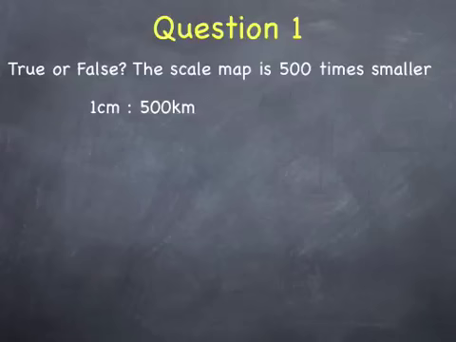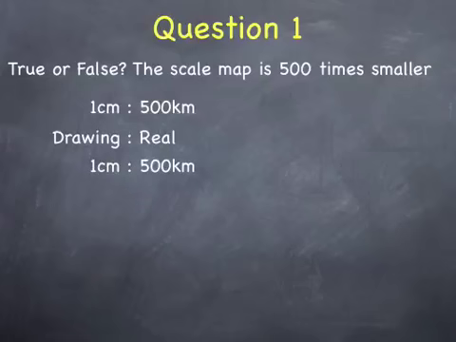Okay, let's have a look at the scale. It's 1 centimetre to 500 kilometres. Now we've got drawing to real size. Now what we need to do is really to compare the same units together. We're going to work through it and compare centimetres to centimetres. You can't compare centimetres to kilometres in this way. We need to convert the right-hand side to centimetres rather than kilometres.